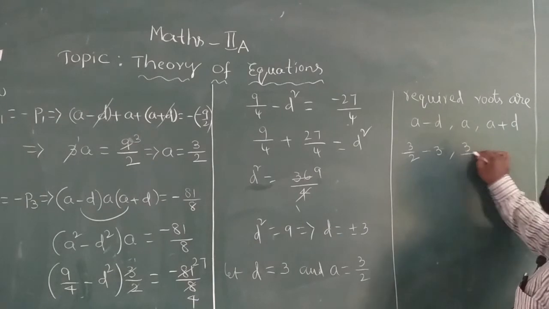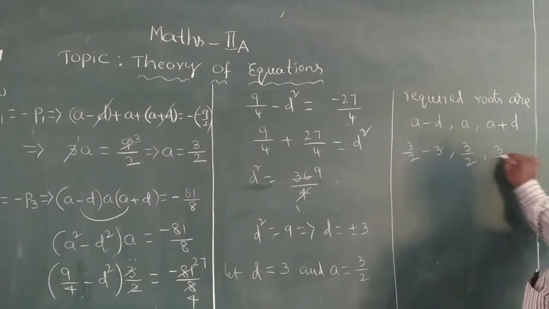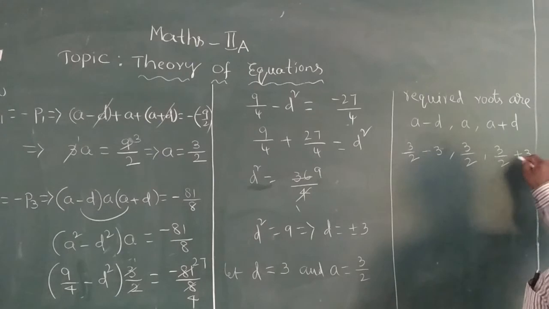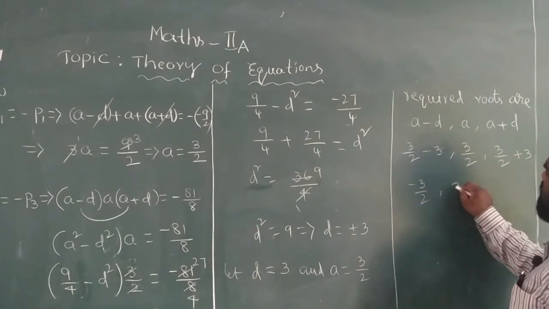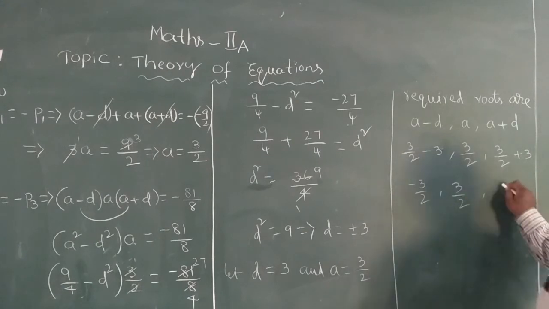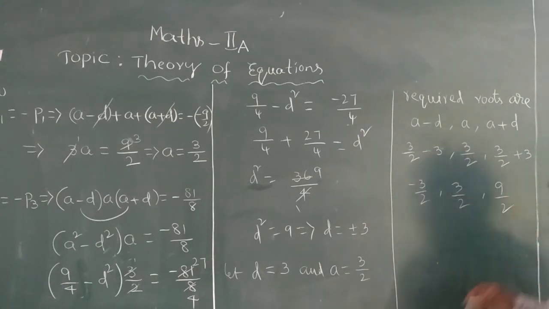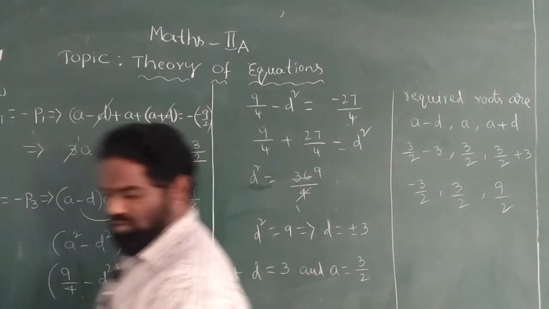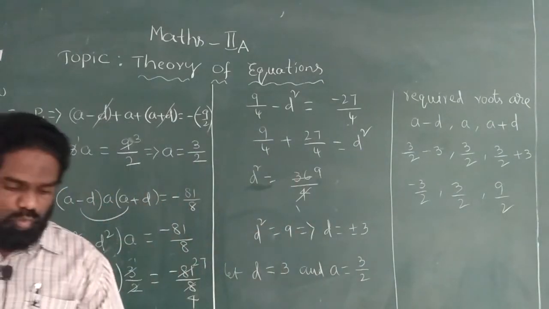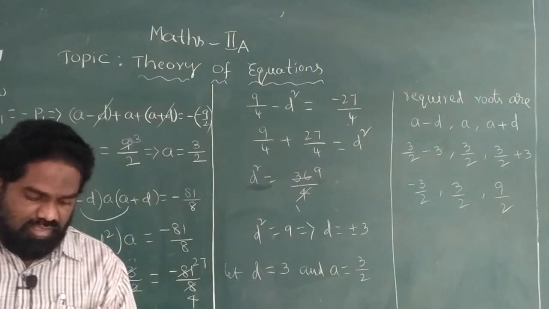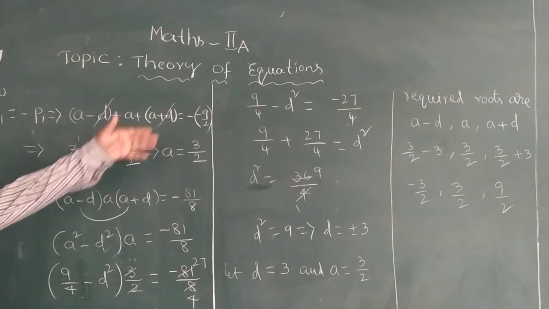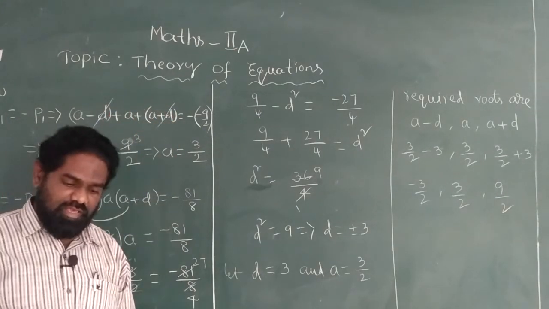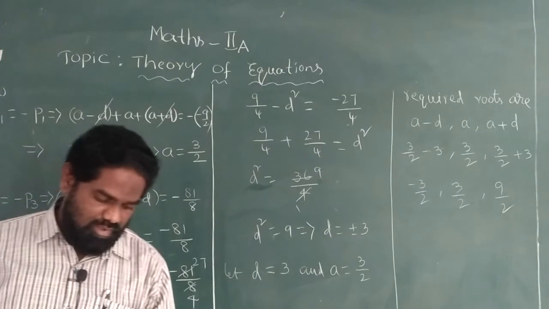Here 3 by 2 plus 3, how much will come? Minus 3 by 2, 3 by 2, 9 by 2. These are our required roots. Understand? By putting d equal to minus 3 also, we can get the same answer.